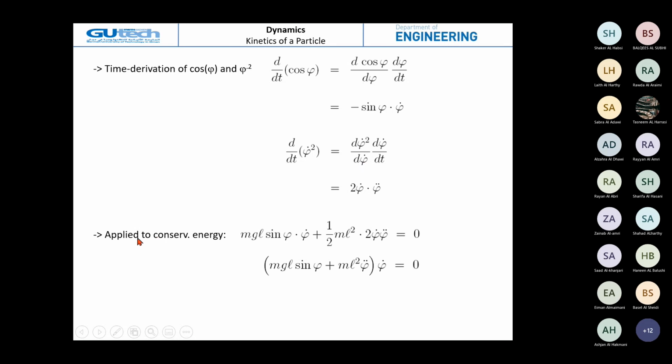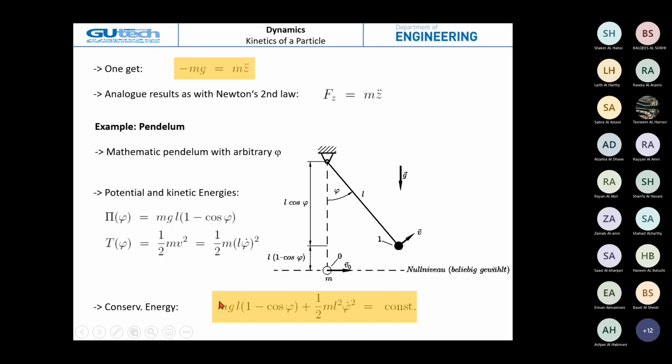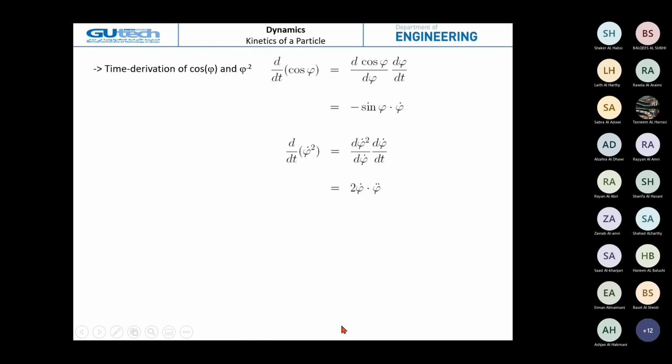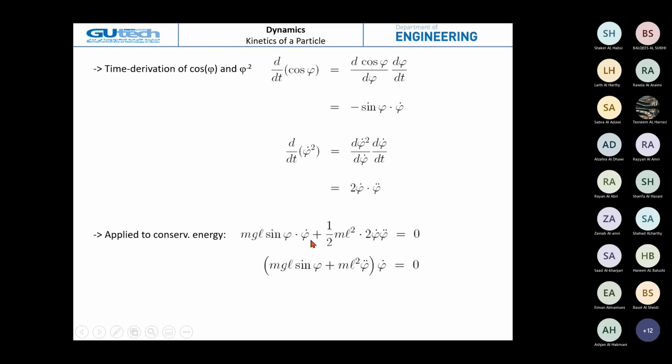To apply this to the conservation of energy, we now replace this term here. Now we have mgl sine phi dot. We have here the derivative of cosine phi multiplied by phi dot, plus the half of the mass multiplied by L square and 2 times phi dot, equal to 0.